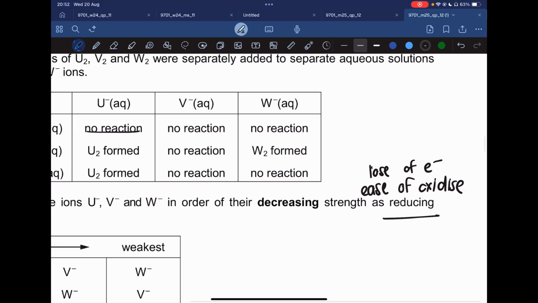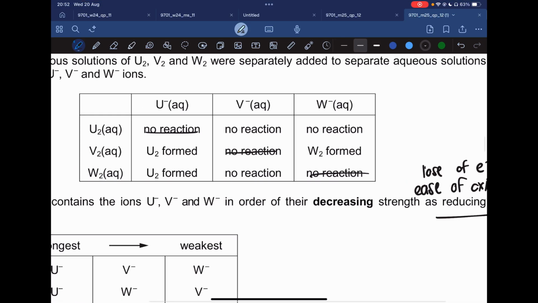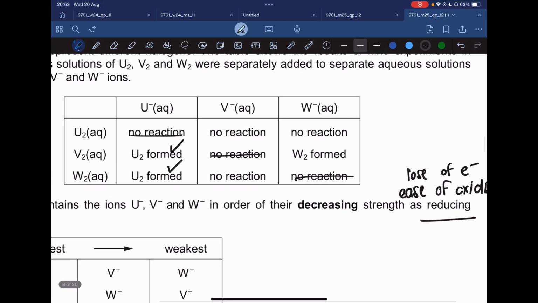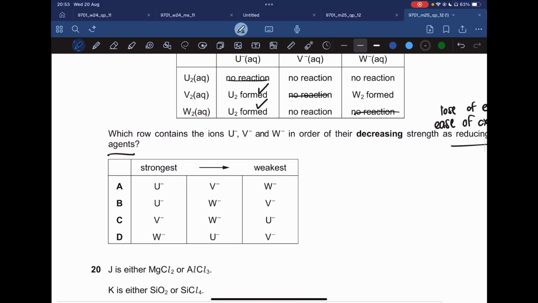So let's just ignore these ones because these don't have any sort of meaning. If we look here, you can easily lose that electron here and lose that electron here. So that means that it is the strongest reducing agent, because it loses electrons very easily.